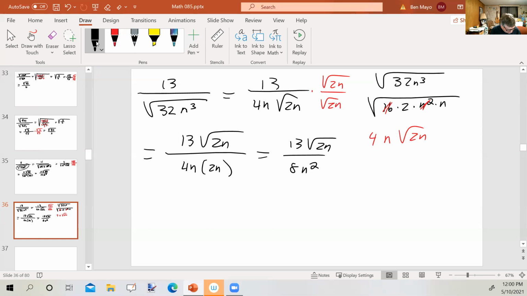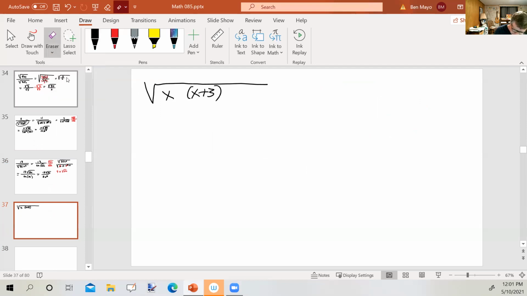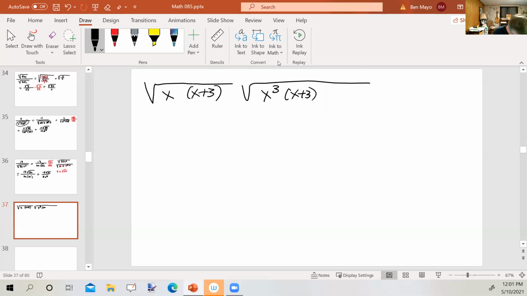Okay. Let's see here. What about this one? The square root of x times x plus 3, times the square root of x cubed times x plus 3.